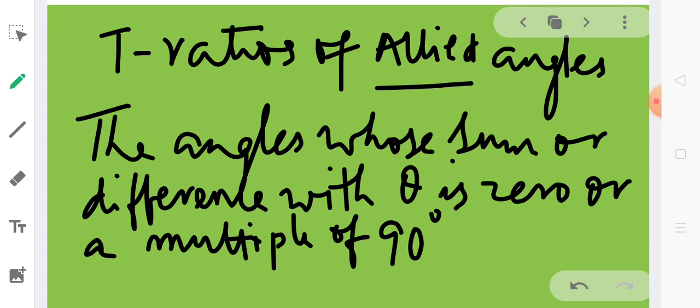I will repeat once again. The angles whose sum or difference with angle theta is 0 or a multiple of 90 degree are called angles allied to theta. Now we will be discussing it one by one.